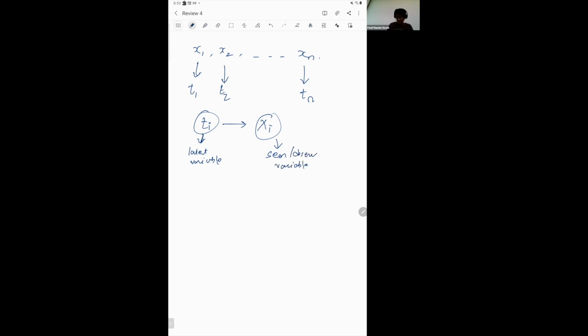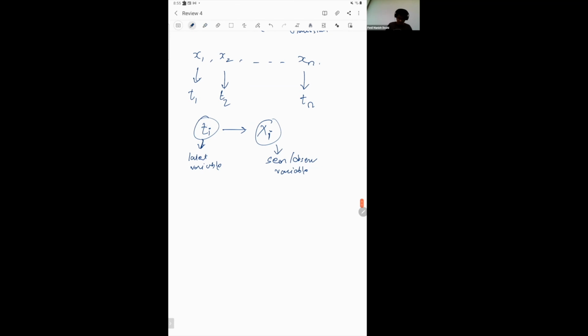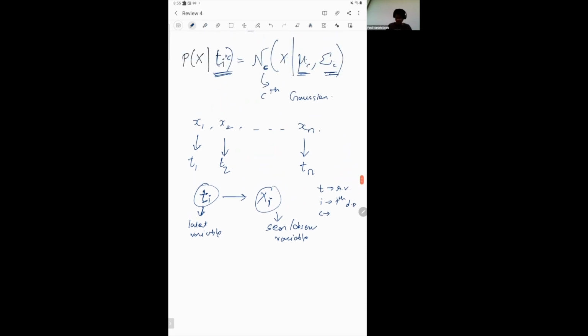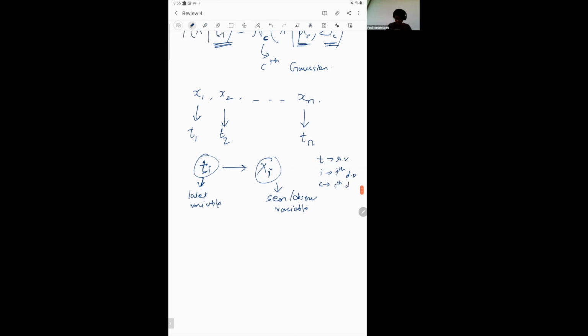A note on notation: T is a random variable, and indexing by i indicates the ith data point. I'll also sometimes index by c, which would be for the cth cluster, and capital C is just the total number of clusters.